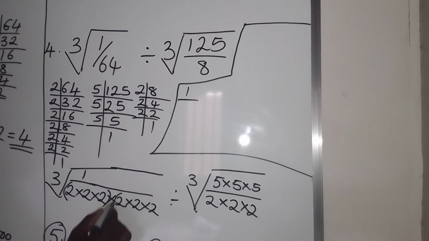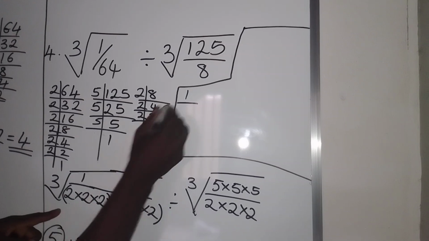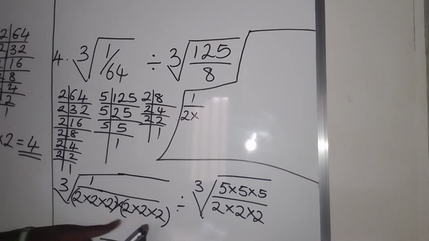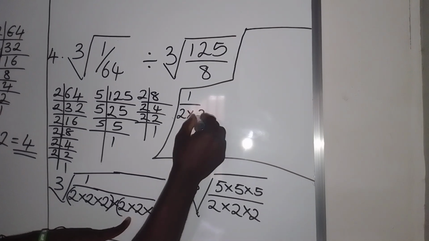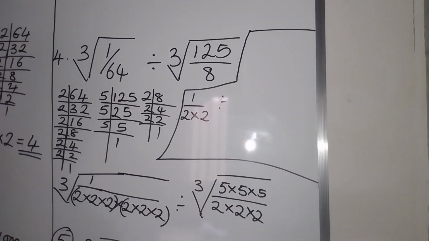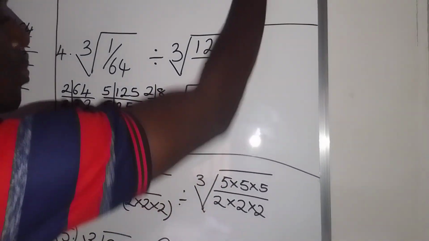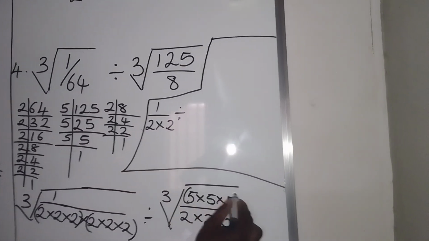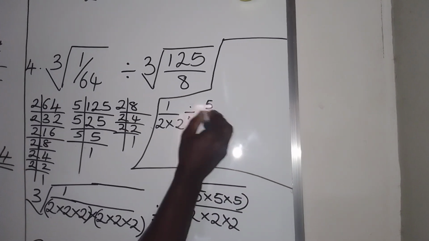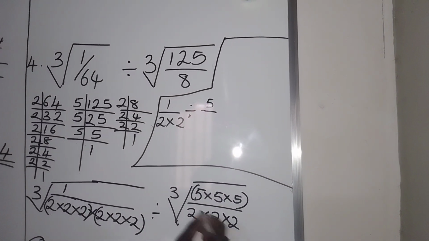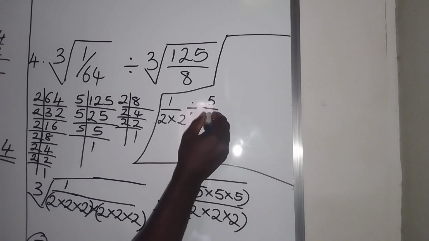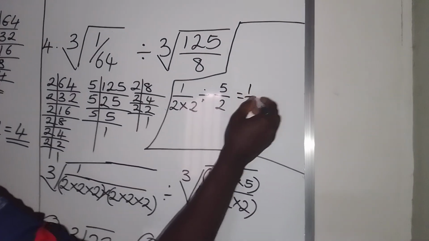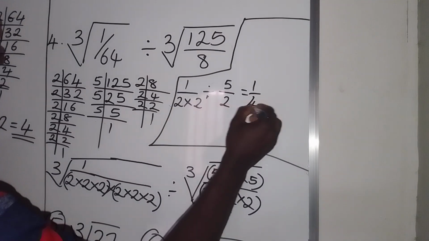Out of these 6 twos, you are picking 2 groups of 3, so we have 2 multiplied by 2. Divide by the cube root of 125, they're the same thing, you pick 1 five, all over the three 2s, they're the same thing, you pick 1. So which implies that 1 over 2 times 2 is 4.